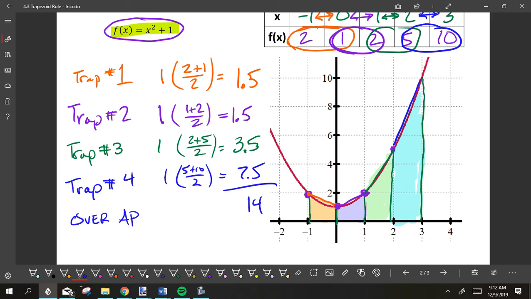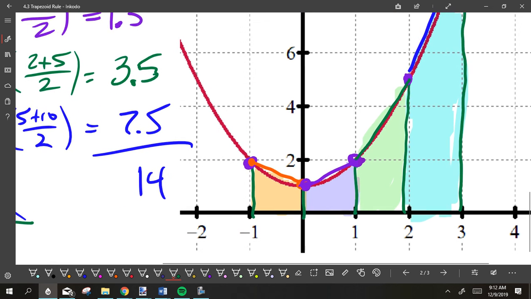In bell work, we talked about over-under approximation with LRAM and RRAM and all those, and we looked at whether it was increasing or decreasing. On this graph, am I increasing or decreasing? I'm both, but I'm always over-approximating. There's no place where I'm not over-approximating.